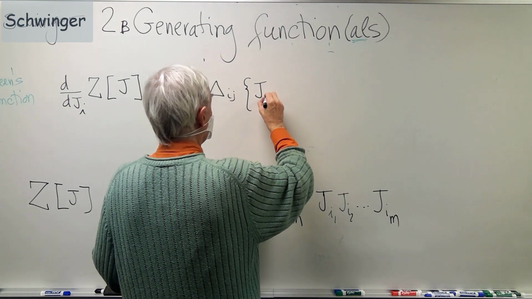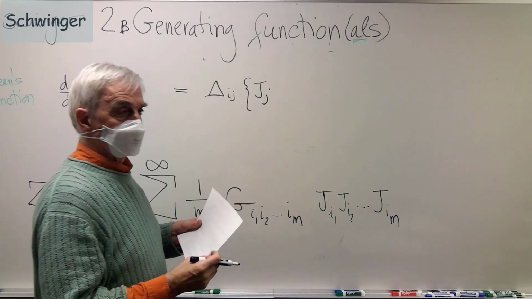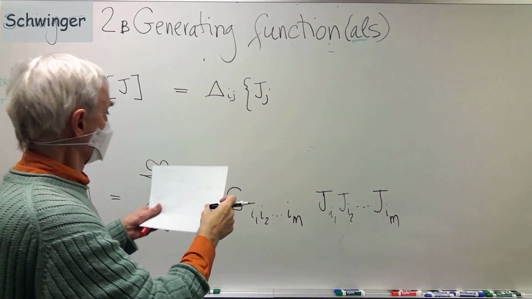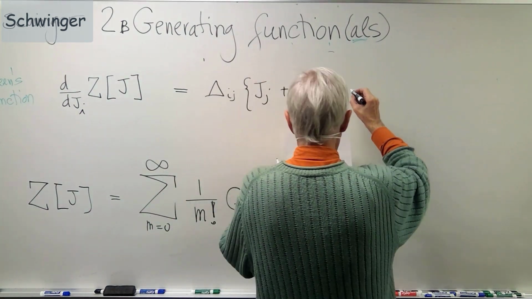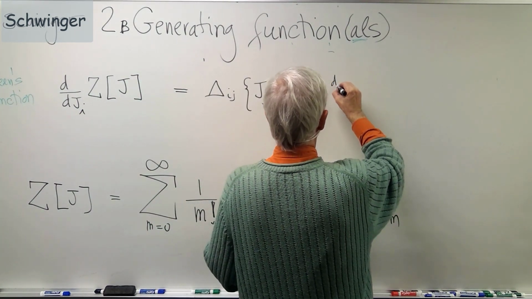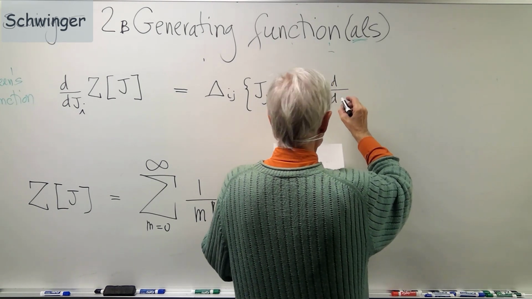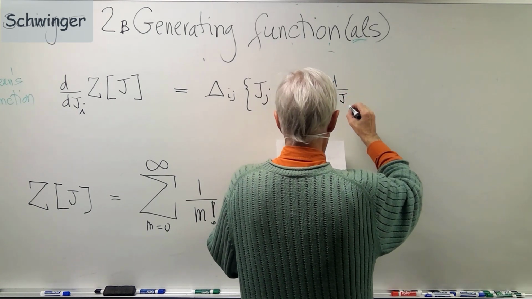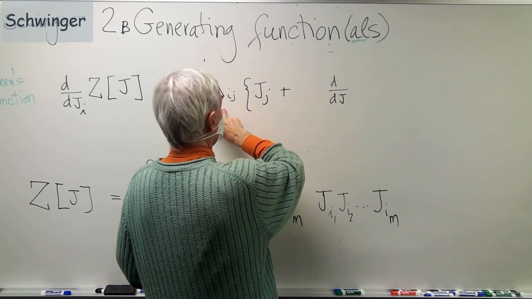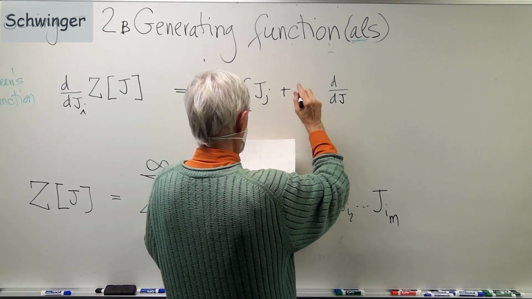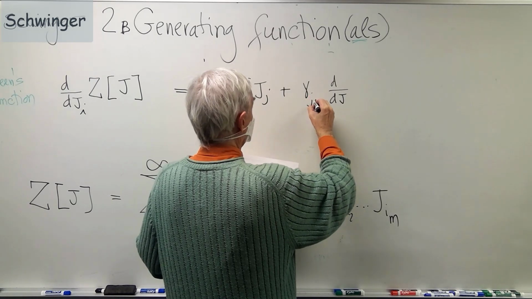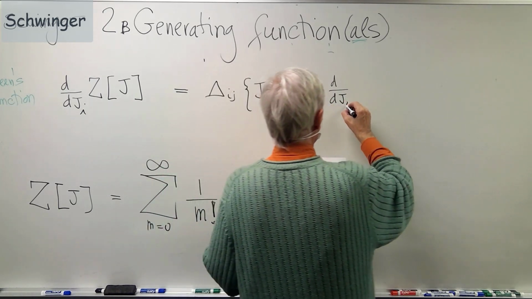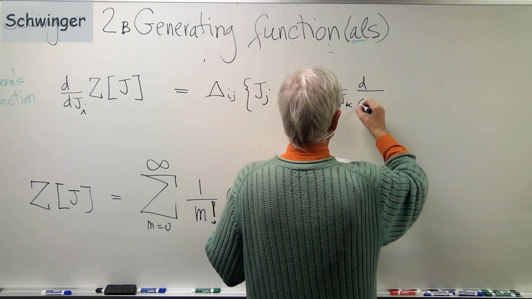In particular, this fisherman's strategy of pulling one piece of rope out of the ocean to probe Green's functions, I can write as a first derivative of the partition function with respect to J with a given label I, a particular state.